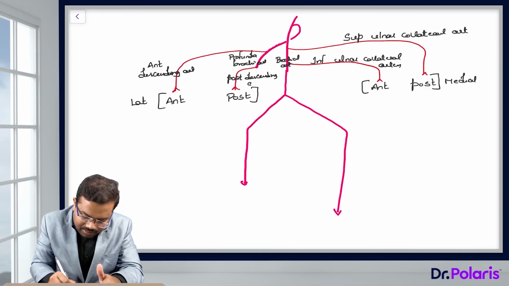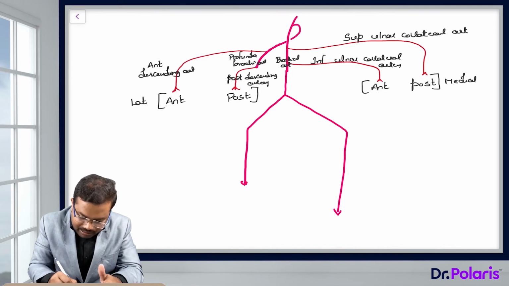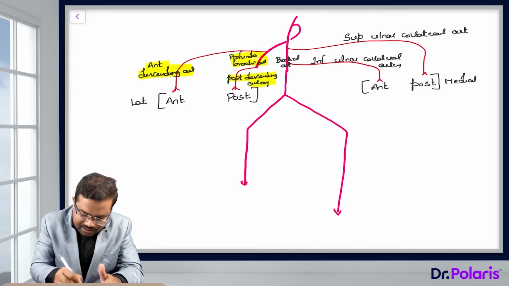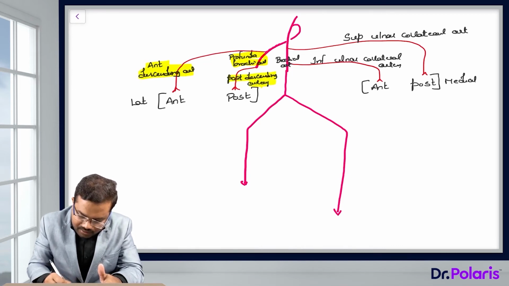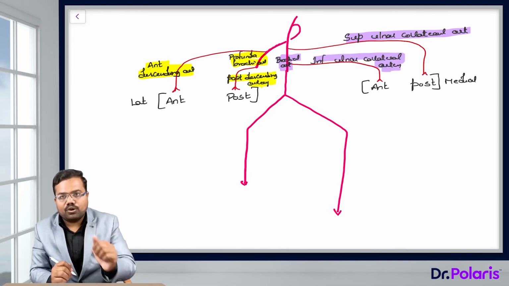Both are coming from the branches of the profunda brachii artery. Okay, so I'm highlighting the main branches: profunda brachii artery, anterior descending artery, and posterior descending artery. They are one group. Whereas the brachial artery has its branches called the superior ulnar collateral artery and inferior ulnar collateral artery. That's another group.